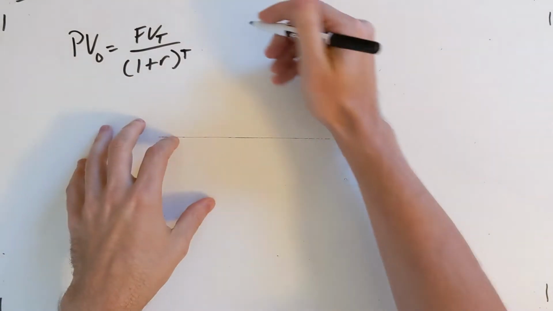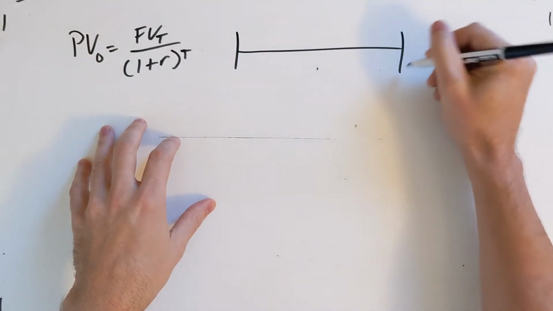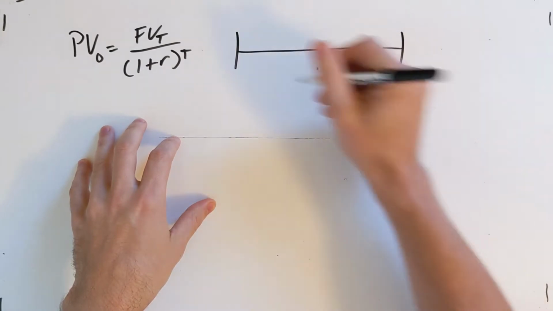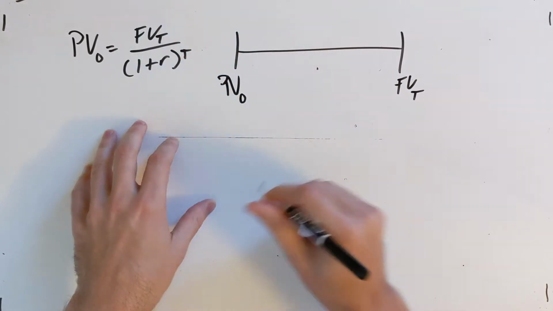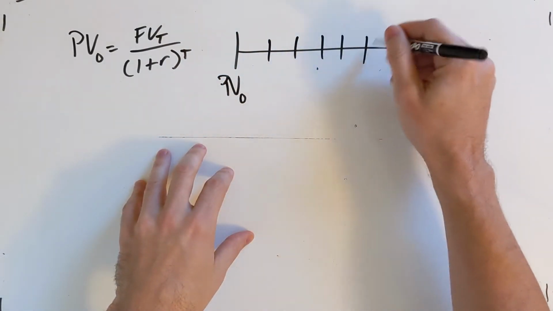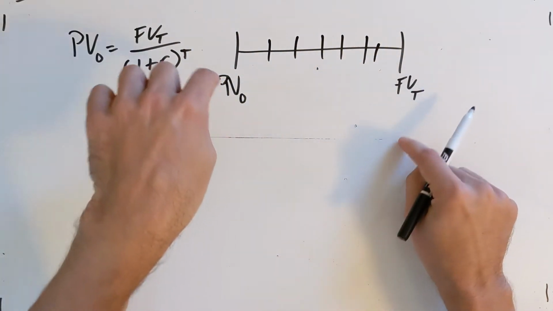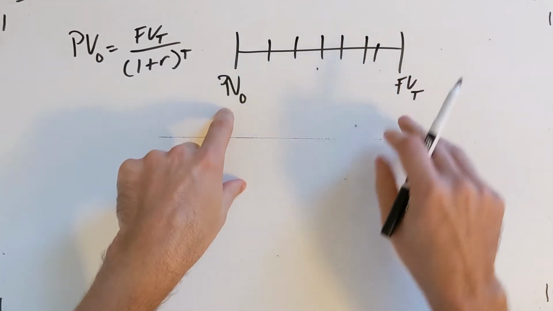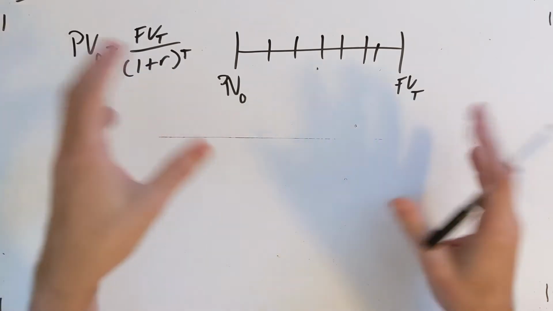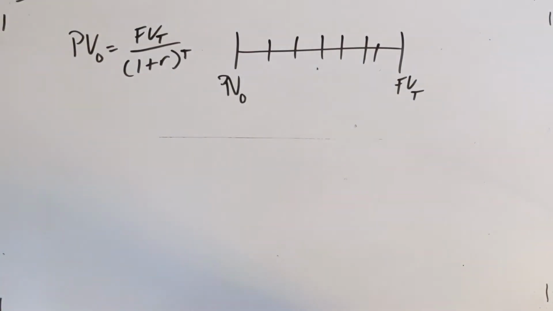And really, if we draw this out on a timeline, we've got some cash flow out in the future and we've got an equivalent present value, and really the only things that happen are a cash flow here, and a period of time that transpires in between. That's all we've really dealt with.